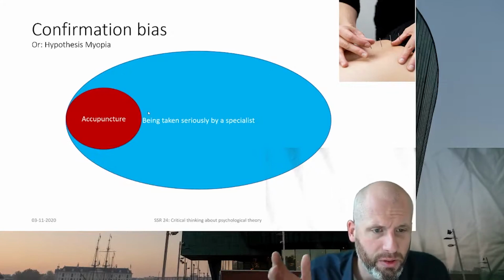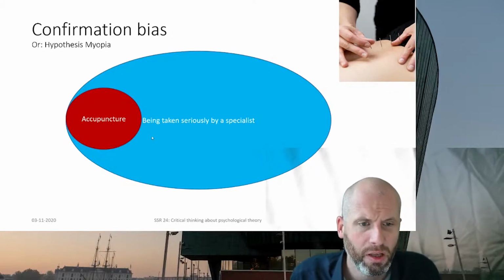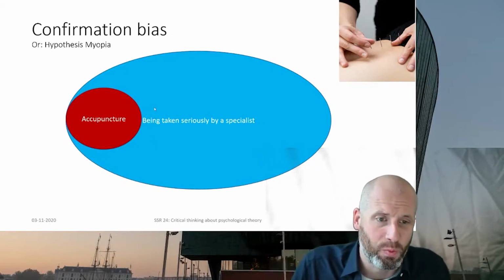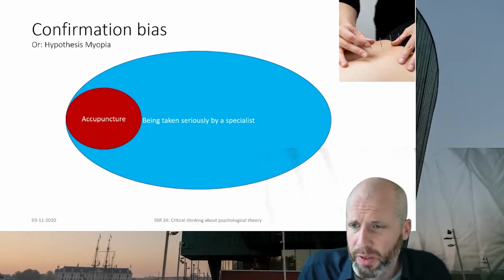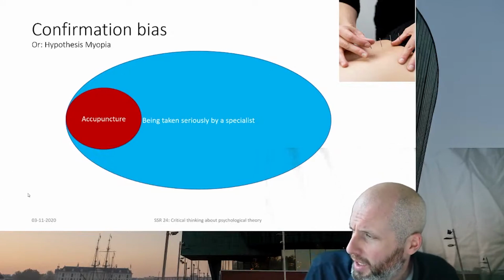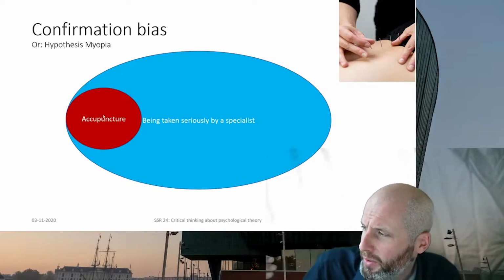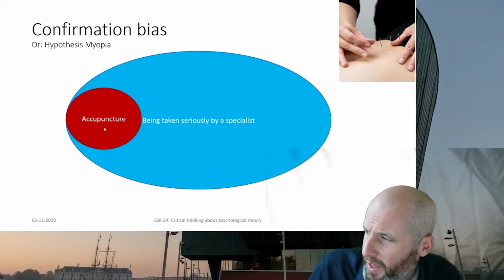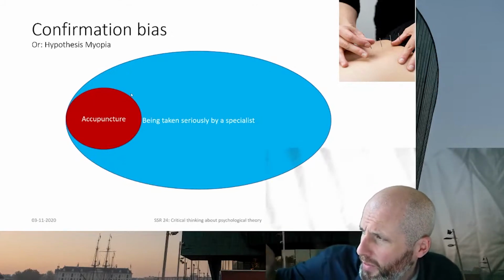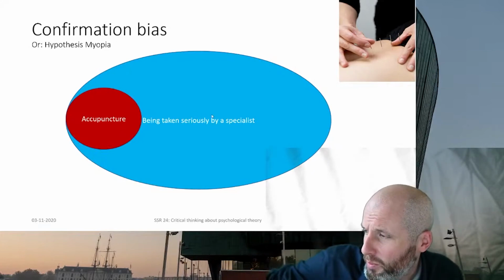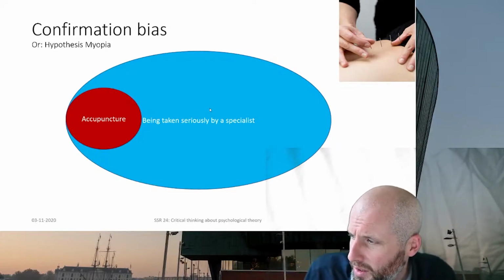Somebody's talking to you and taking your issues with your body seriously, which also has an impact on how you experience your symptoms. So basically, I'm again saying, jumping to the conclusion that it must be the effect of acupuncture means we're skipping a step, right? We're making the confirmation bias. It could also be just a general effect of being taken seriously by specialists.